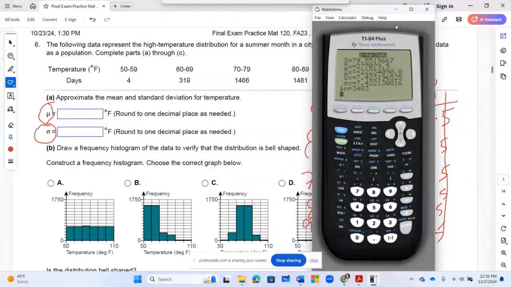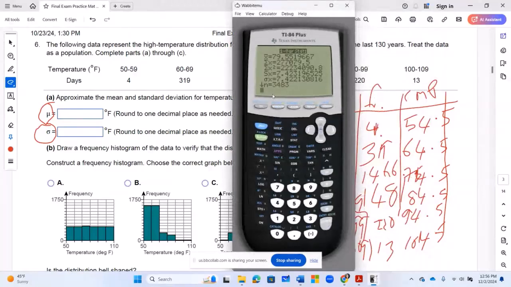To do a frequency histogram, I go to second, stat plot, select plot 1, go to histogram and select that. Remember, the question says frequency histogram. It did not say relative frequency histogram.